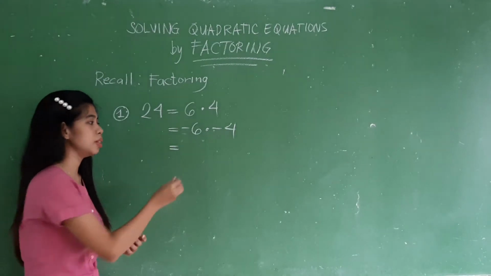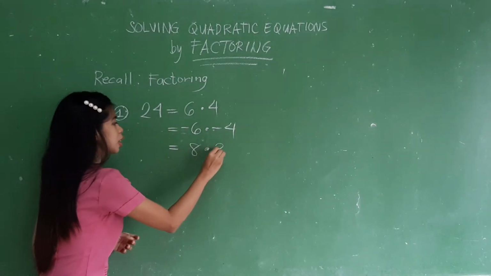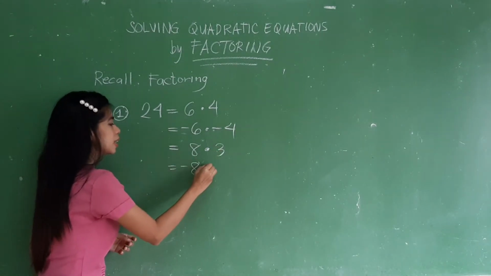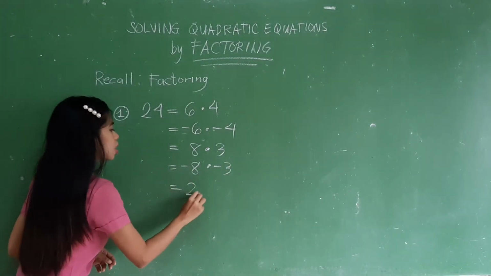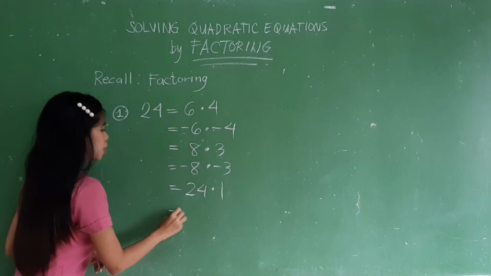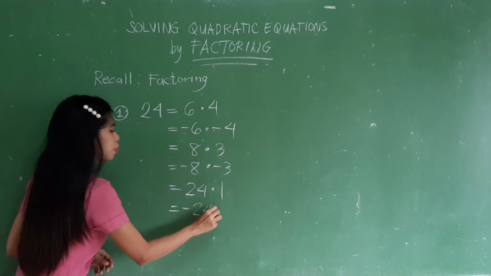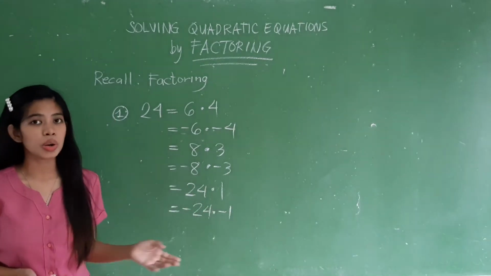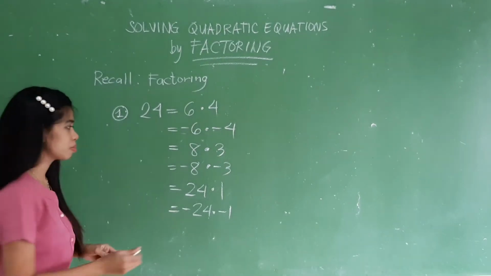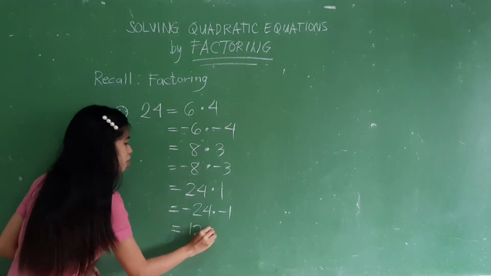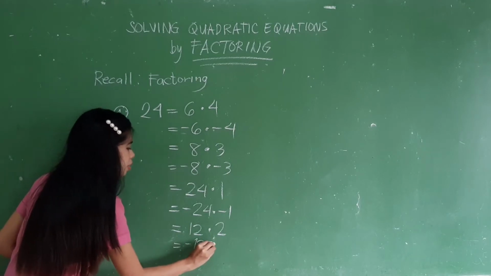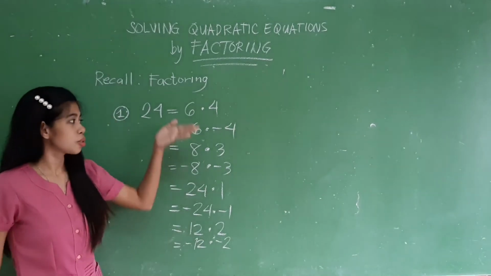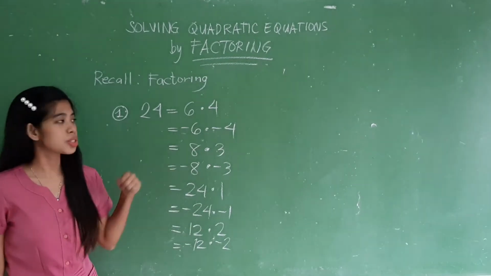It could also be positive 8 times positive 3 or negative 8 times negative 3. 24 times 1, negative 24 times negative 1 are also factors of 24. Same thing with positive 12 times positive 2 and negative 12 times negative 2. So these are the factors of 24.